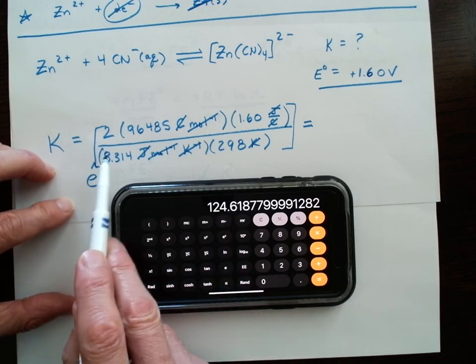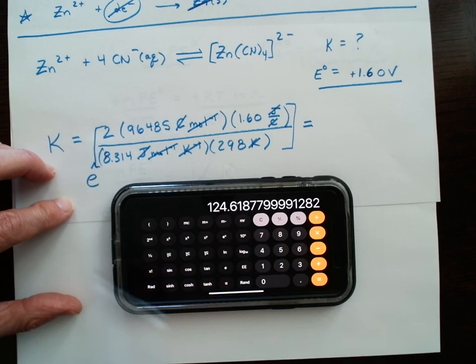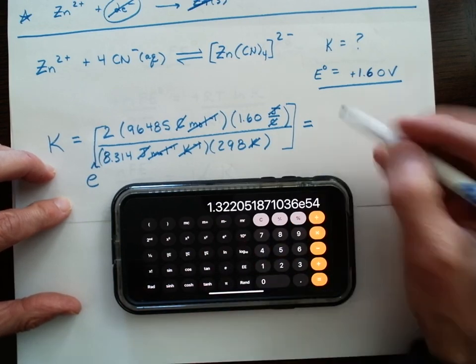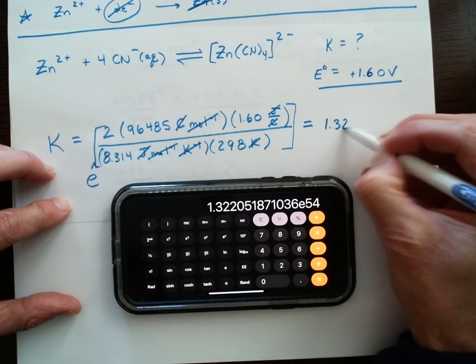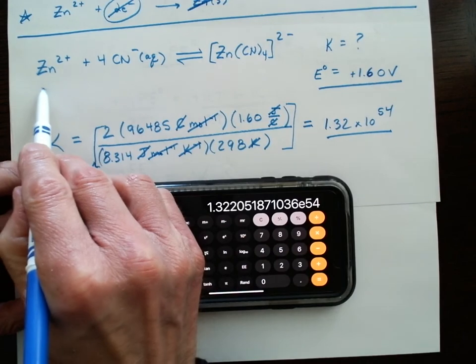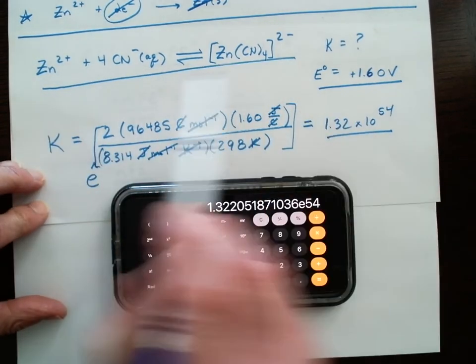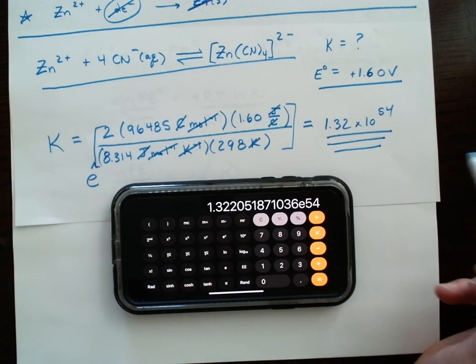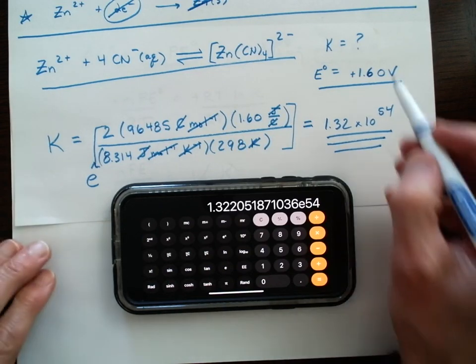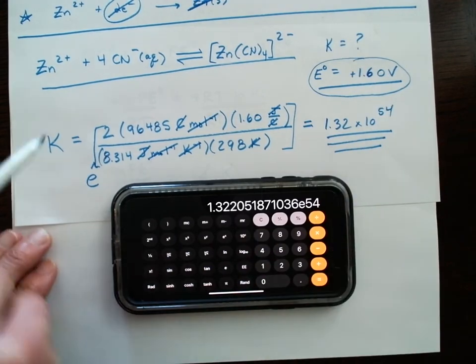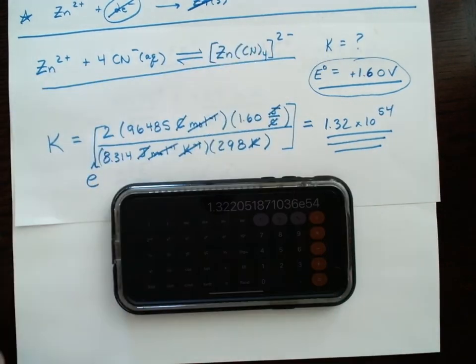So I need to take e to the power of 124.6. I'm going to press this button here, e to the x. Holy cow, that's a big number: 1.32 times 10 to the 54th. We would expect this reaction to be very strongly pushed in this direction with such a large equilibrium constant. And that relates to, yes, a positive cell potential, which tells us that this reaction is spontaneous in the forward direction.